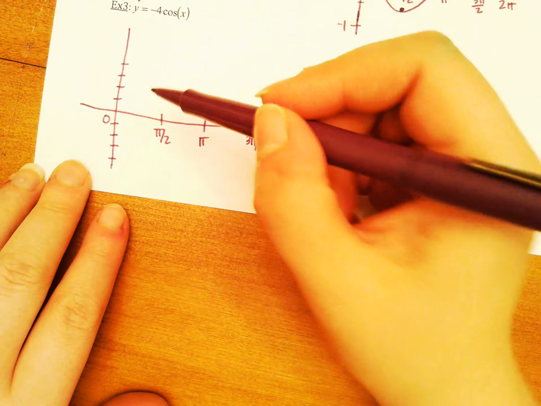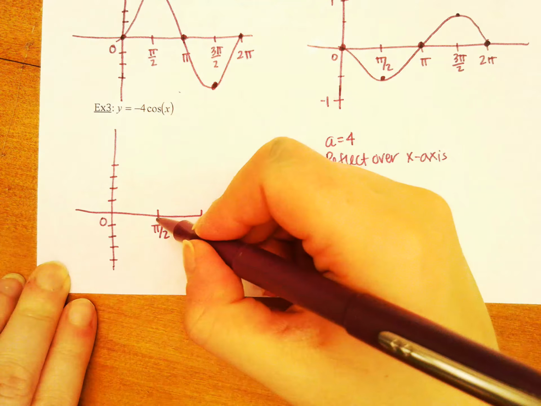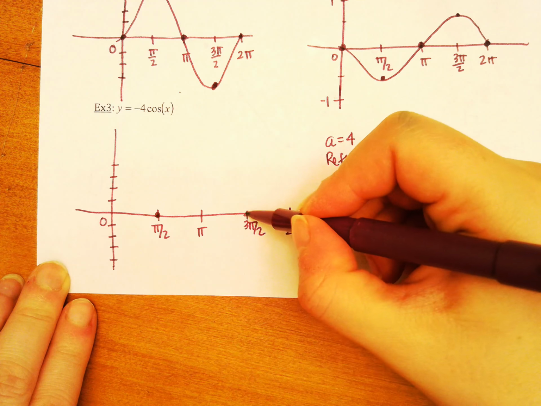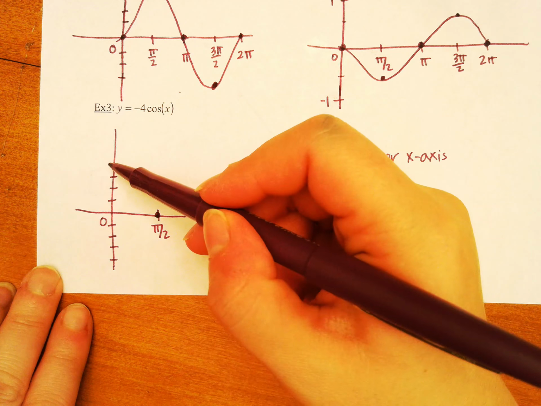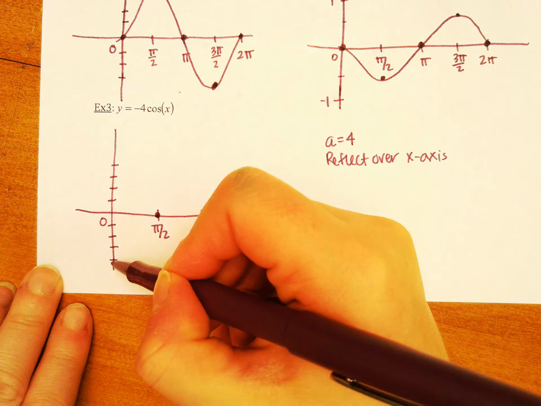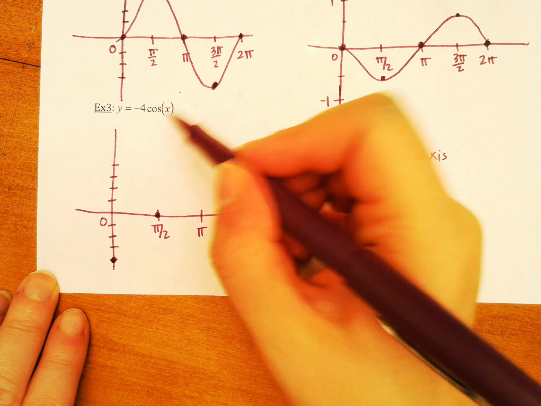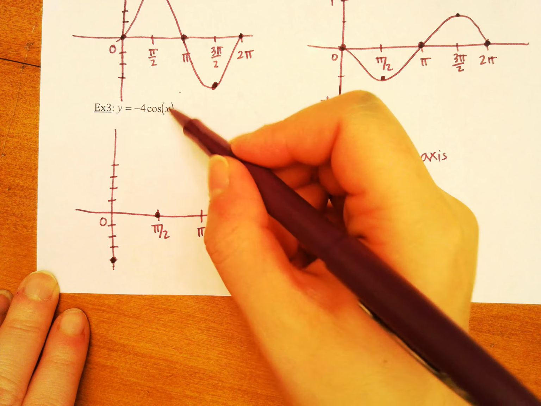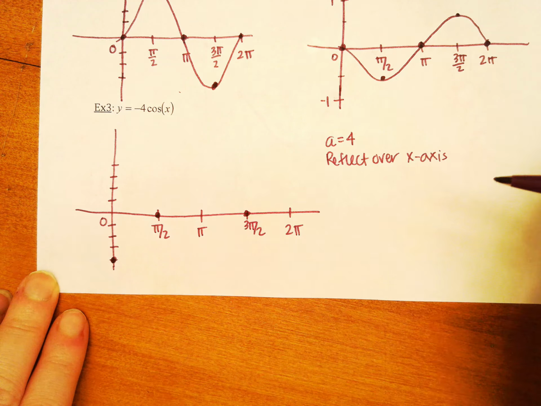I have zeros for cosine at pi over 2 and 3 pi over 2, so I'm going to plot those now, but you don't have to. And instead of starting up here at 4 and going down to my minimum and coming back up, I'm starting here at -4 for my 0. You could also just plug it in. Cosine of 0 is 1 times -4 gives my starting value of -4.